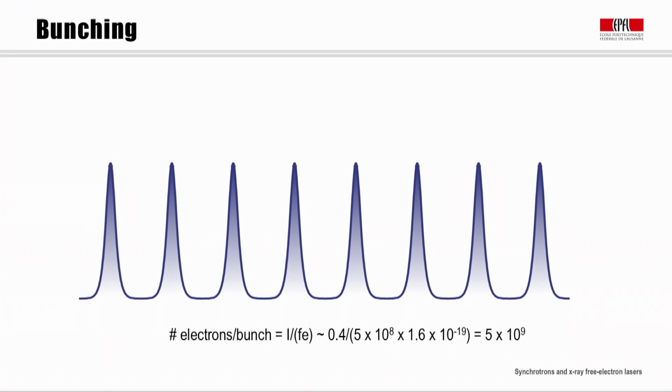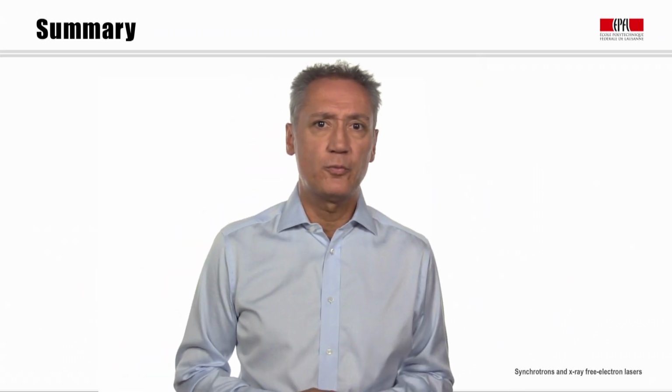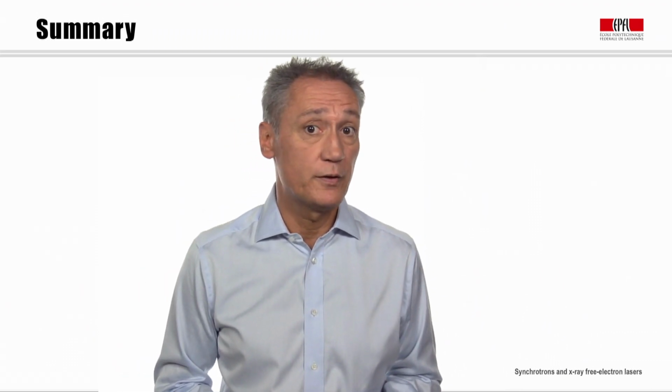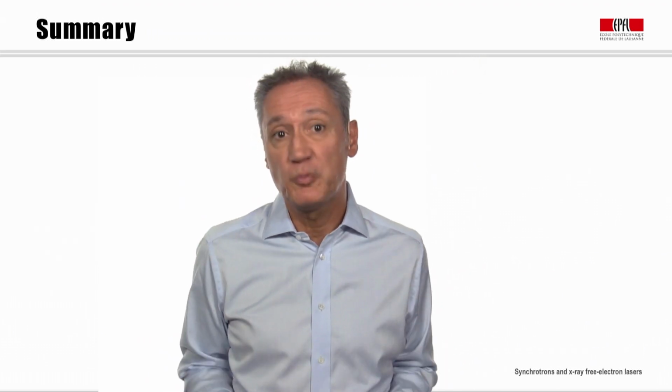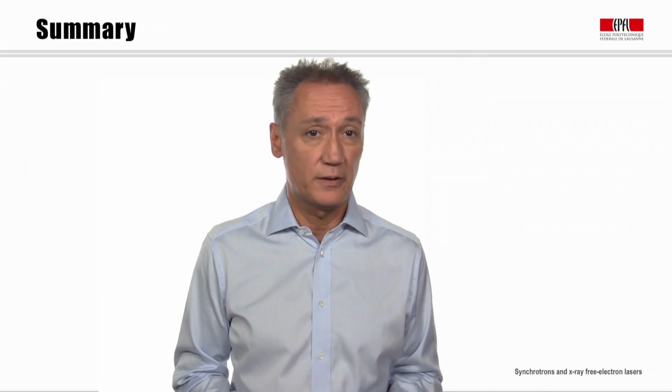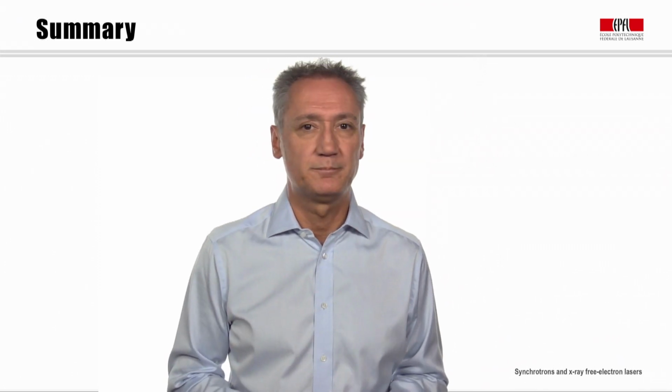To summarize this second and last video of the third week, we have reasoned that only a magnetic Lorentz force is a reasonable way of steering electrons into a closed path in a storage ring.